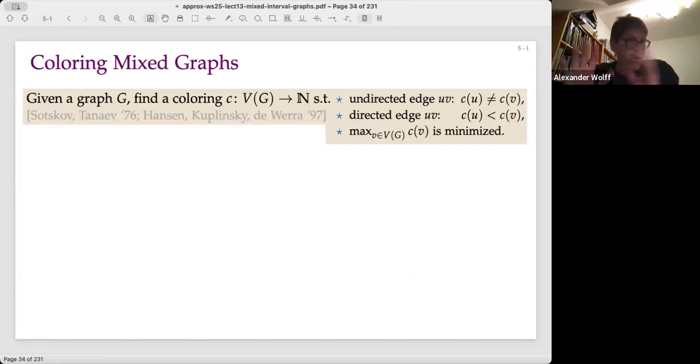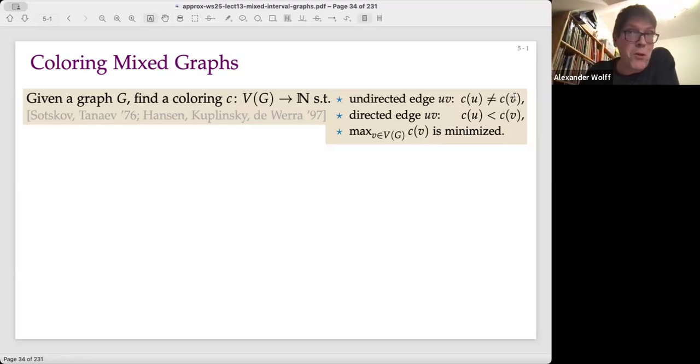So in general, for mixed graphs where you have edges and arcs, people have looked at the coloring problem, which means you want to map the vertices of your graph to a set of numbers, such that for every undirected edge, the colors must be unequal.